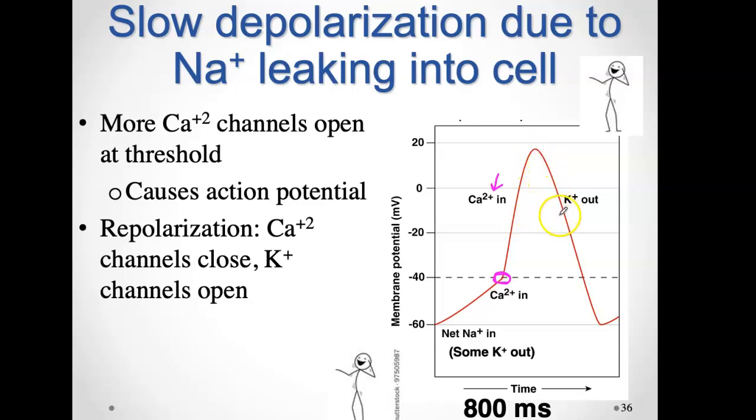Now, the repolarization that we think of as losing potassium, what happens there is that the calcium channels close and the potassium channels are going to open. So this part sort of looks familiar, right? Where potassium is going to leak out. If it leaks out of the cell, it's going to make that cell again become slightly more negative until it comes back down to the negative 60 that it was.